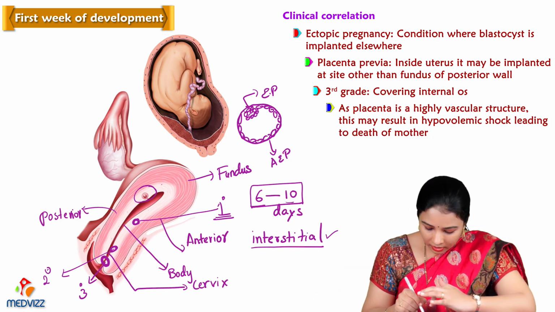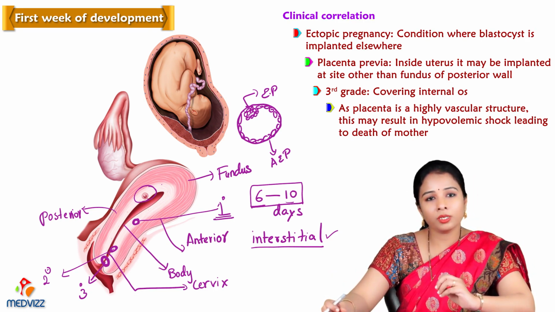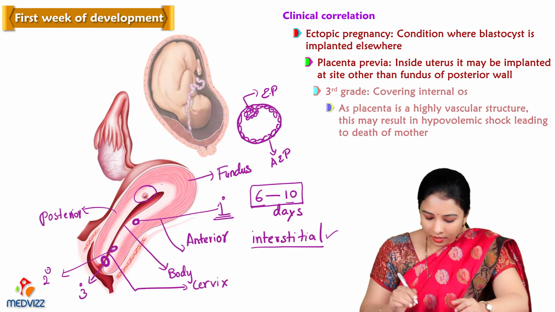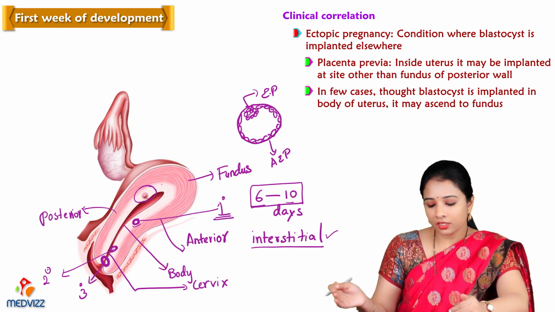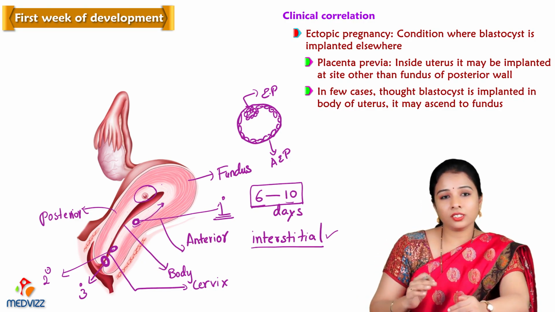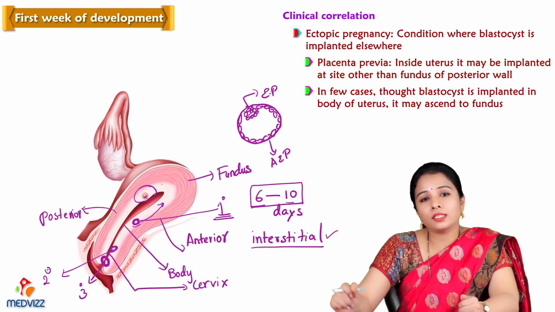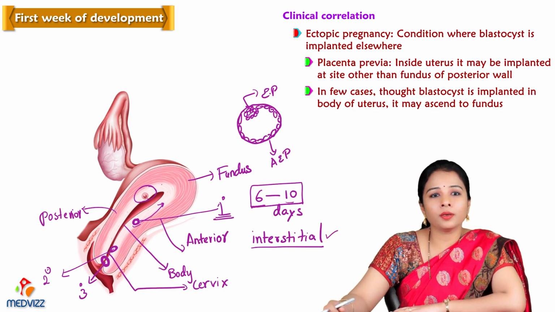Sometimes if it is partially covering the internal os, there also may be a chance of rupture of the placenta. And sometimes, even though it is implanted in the lower segment, as the pregnancy continues, the placenta may ascend up. But if it doesn't ascend, it may result in placenta previa. So this is a small idea about placenta previa.